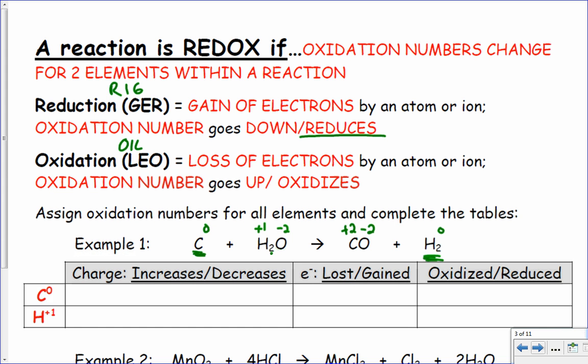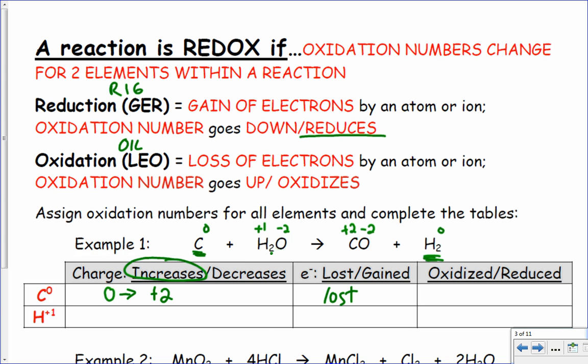So now, does the carbon's charge increase or decrease? I'm going from 0 to a +2. My charge is increasing because I am losing electrons. If I lose a negative, I become more positive.